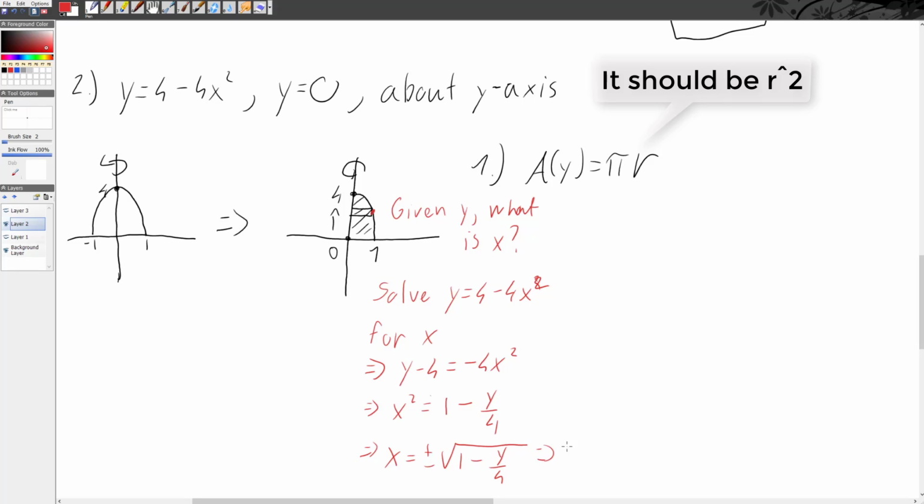So our radius, our x, is the radius because that's how far this is away from the line of rotation. So we get pi times the square root of 1 minus y over 4, squared, which is really just pi times 1 minus y over 4.